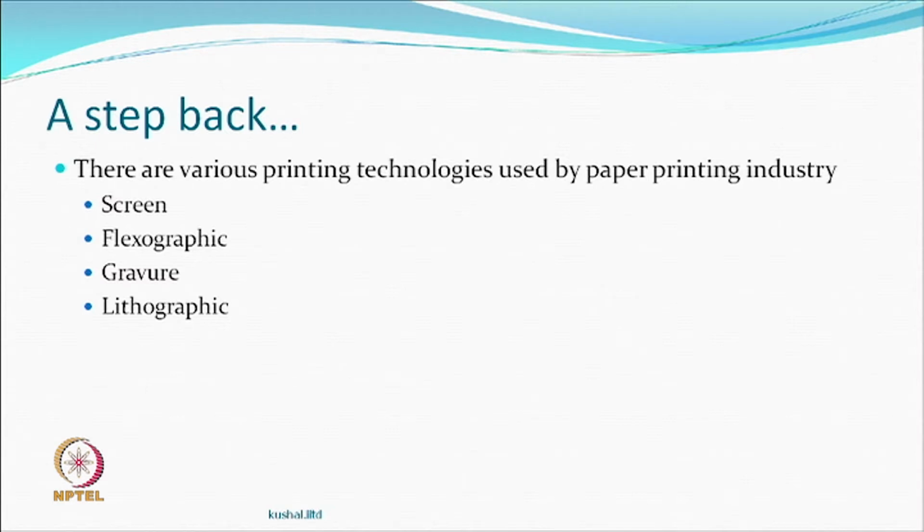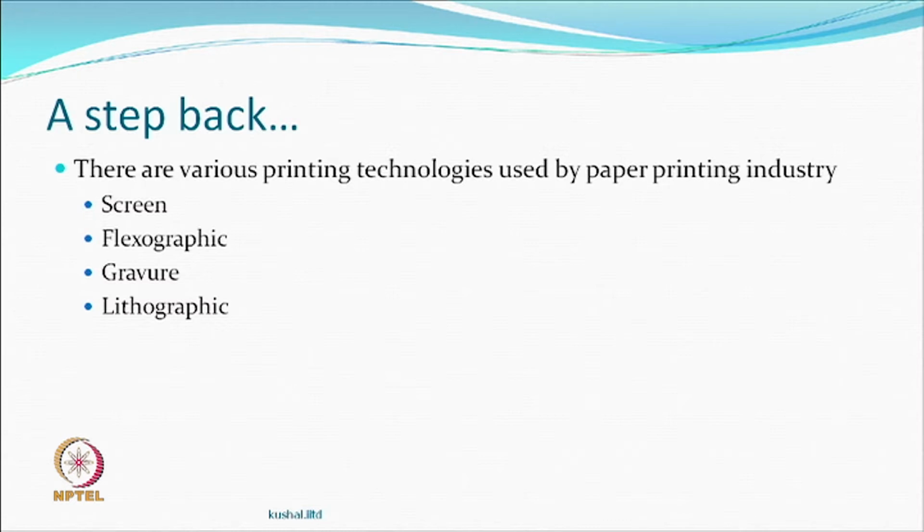Screen is our own method, so for textiles; the flexography, gravure and lithographic methods are specifically designed for paper. And now the concept of 4-color printing is popular as far as the paper is concerned.